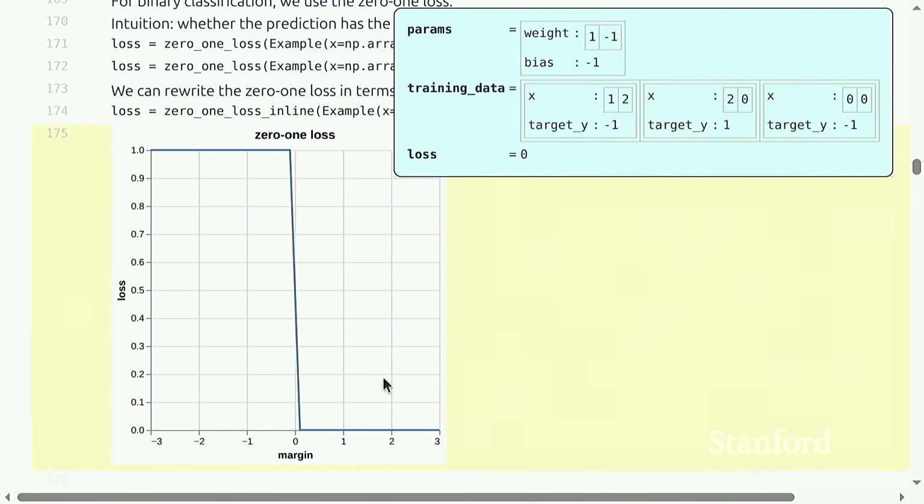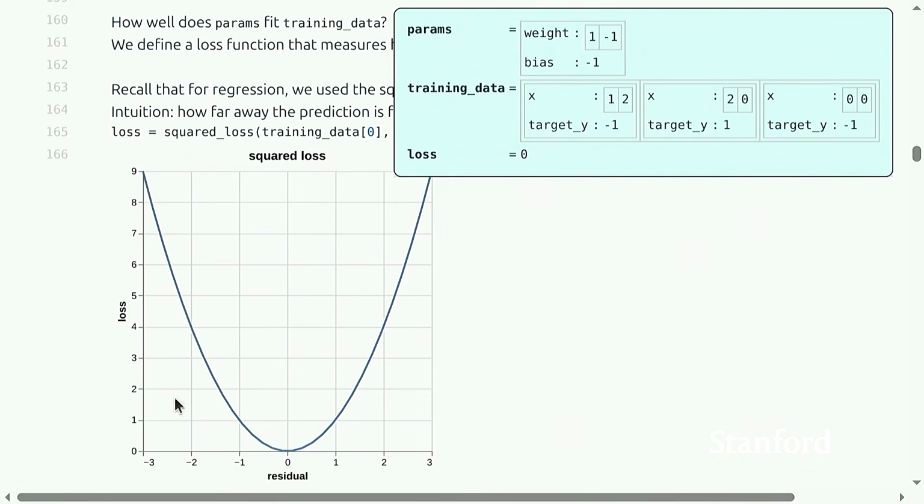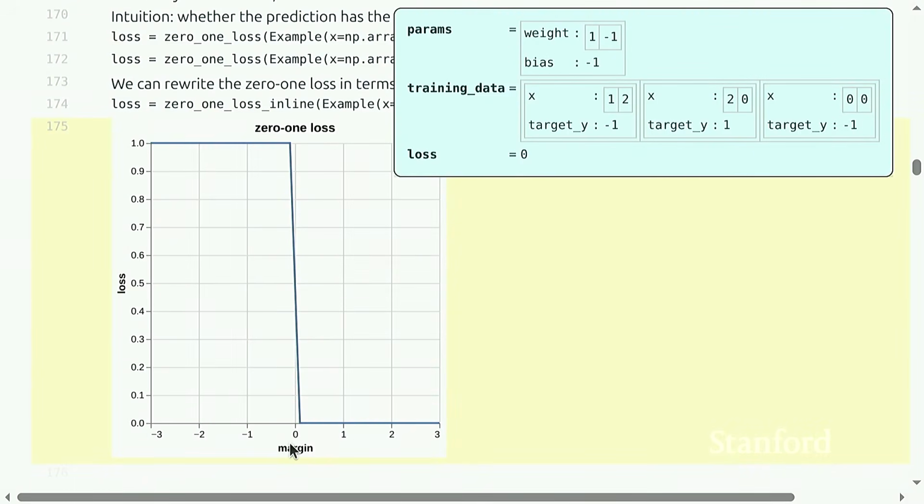In general, for classification, I'm going to look at these plots, which show loss as a function of margin, whereas for regression, I talk about loss as a function of residual. So margin is sort of the classification analog to residual.